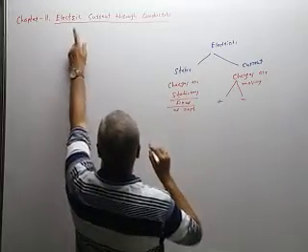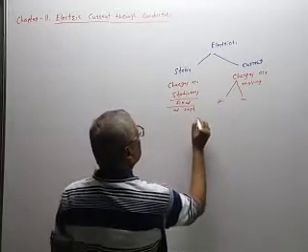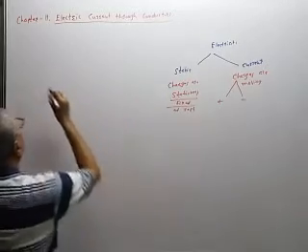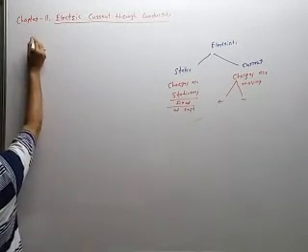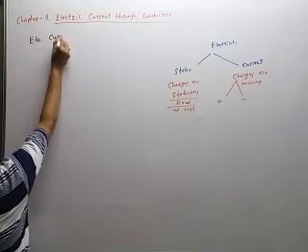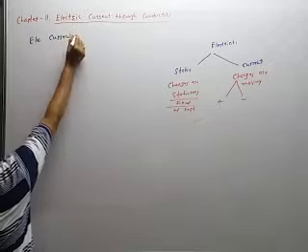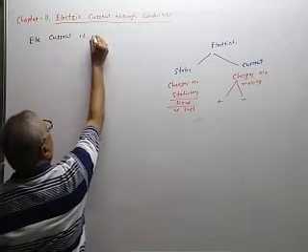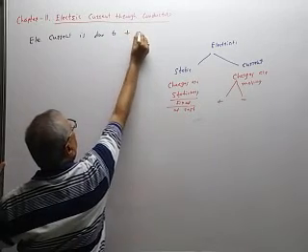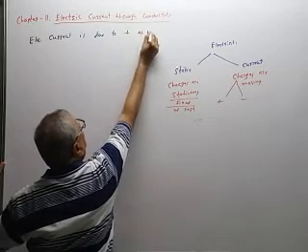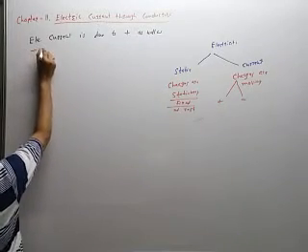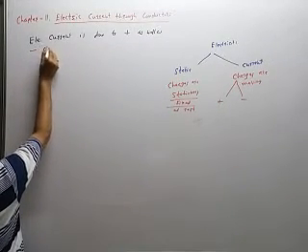So the first property about the current is: electric current is due to positive as well as negative charges.